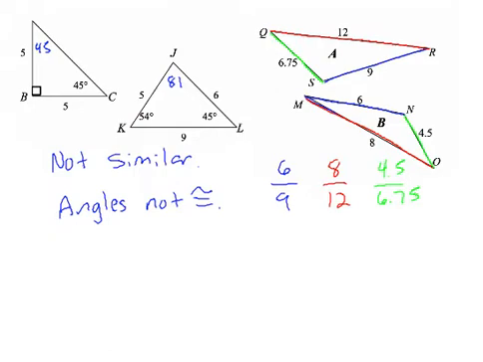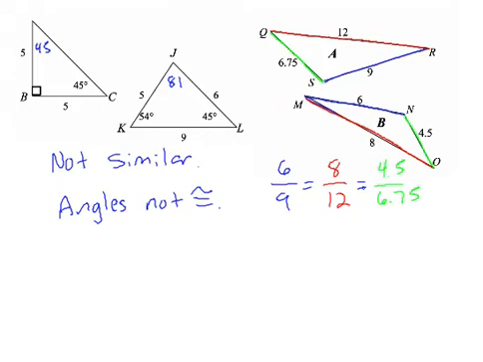And now I'm going to ask myself, are these three ratios equal? And in fact they are. 6 over 9 is the same as 8 over 12, which is the same as 4.5 over 6.75. You could use a calculator to confirm that.